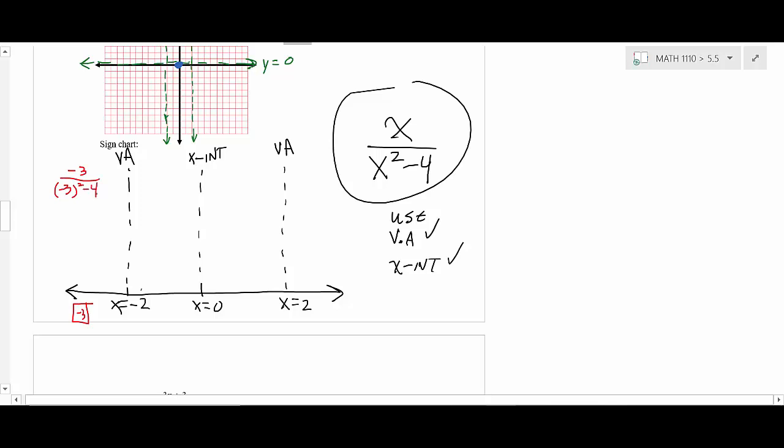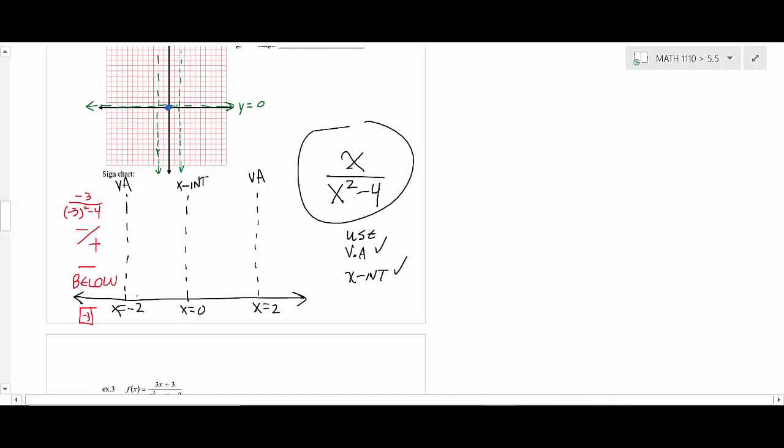You don't have to work that out. The numerator is negative. What's the denominator in your head, positive or negative? It's 9 minus 4, so that's positive. Negative divided by positive is negative. Is that below or above the x-axis? That's below. So we've figured out that we're below the x-axis.